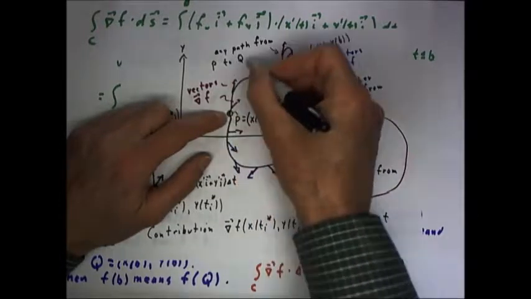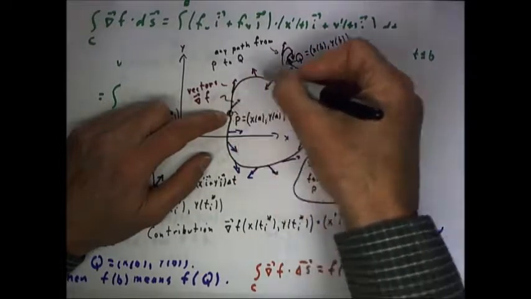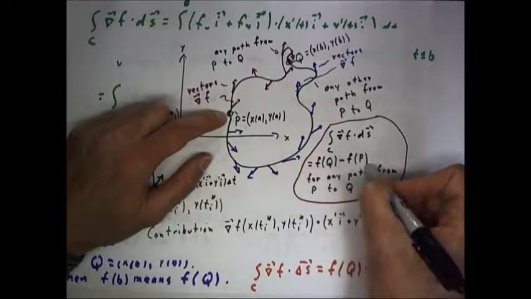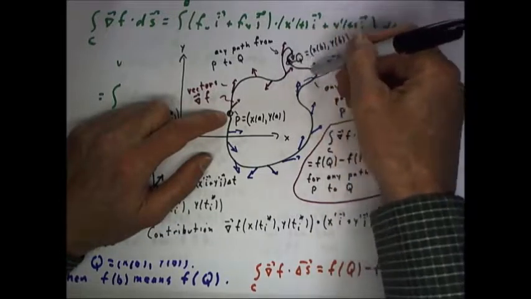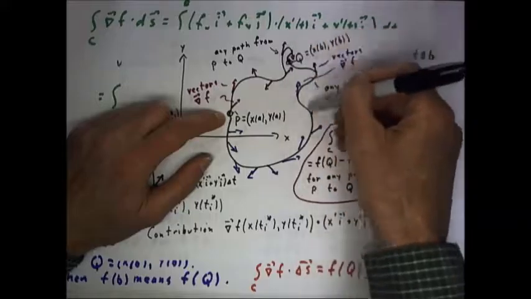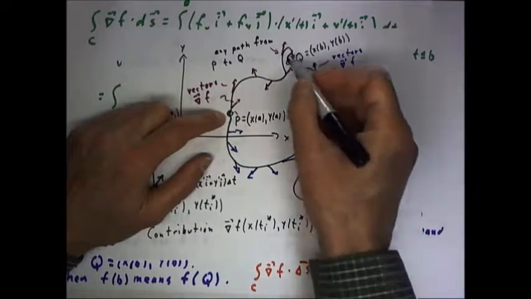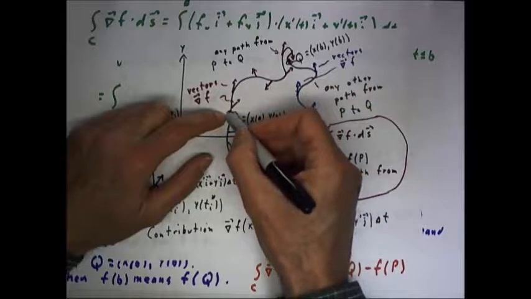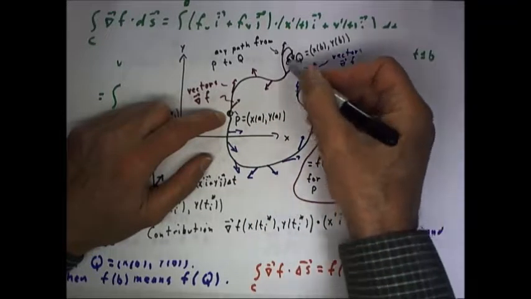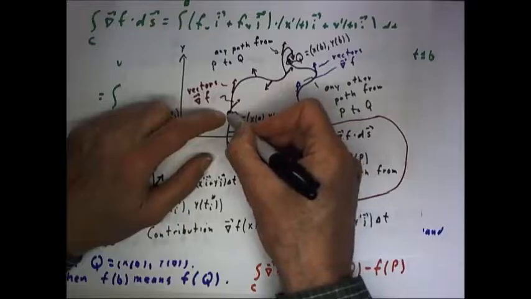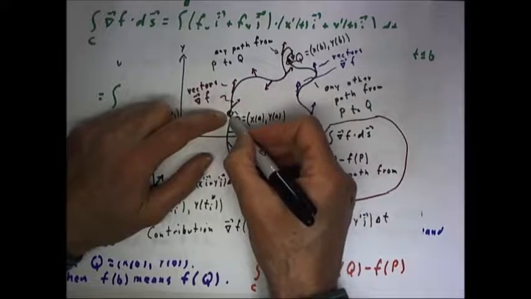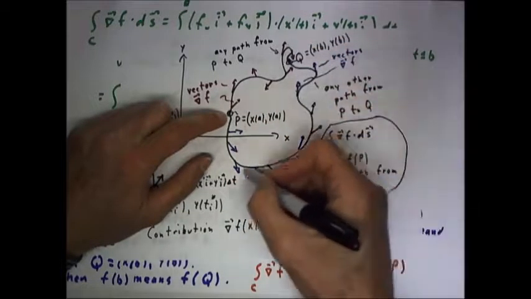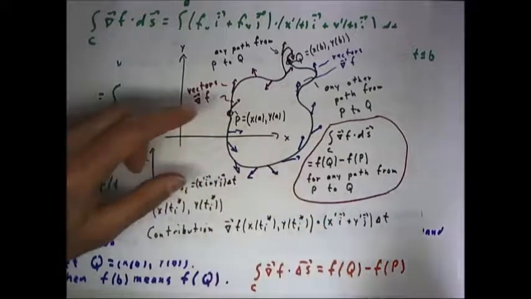If we go from Q around to P now, then our integral should be f of P minus f of Q. So that if we go from here to here, and then from here to here, we get equal and opposite results, meaning that the integral around this entire closed path is 0.